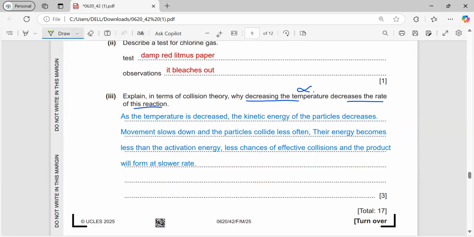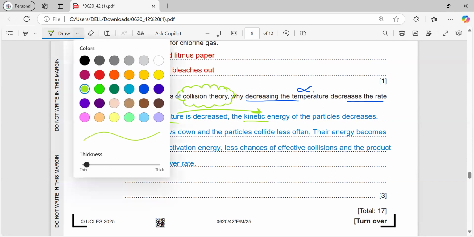These are the specific words which you have to use in this question. In this type of question on rate of reaction, in which they ask you to explain in terms of collision theory, you have to use these keywords. First of all, you will write that temperature directly affects the kinetic energy of the particles. Then you have to write about the movement.